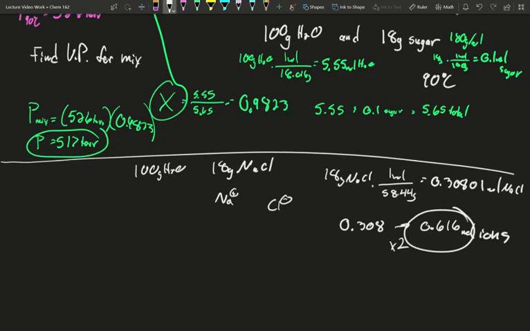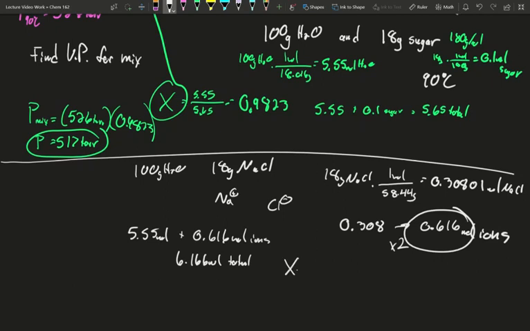Well, we calculated out the moles of water before, so 5.55 mole from the water plus 0.616 mole of ions will give us a total moles of 6.166 mole total.